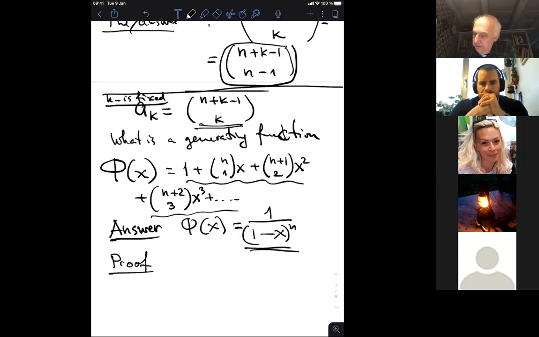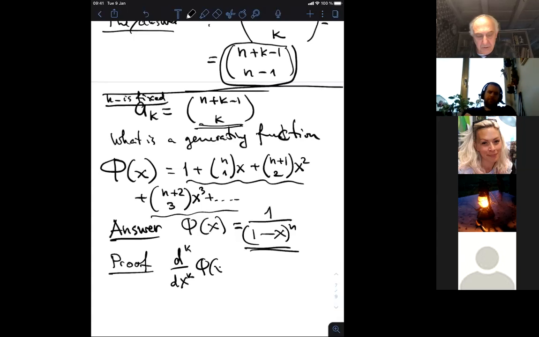Okay, so the kth derivative, so let me start with the first derivative. So we will be interested in calculating d^k/dx^k of this function, and its value at x equal to 0.